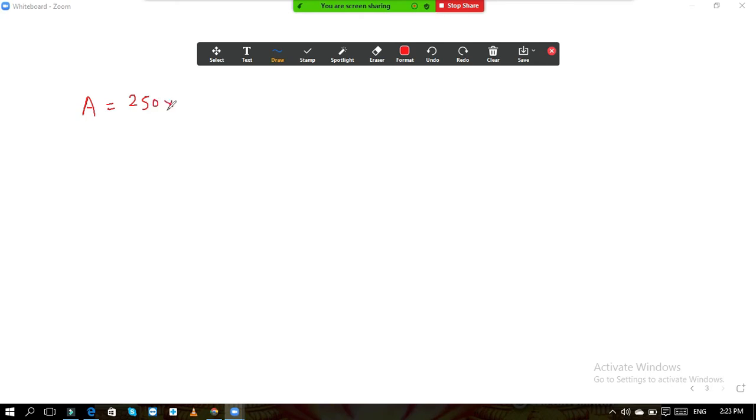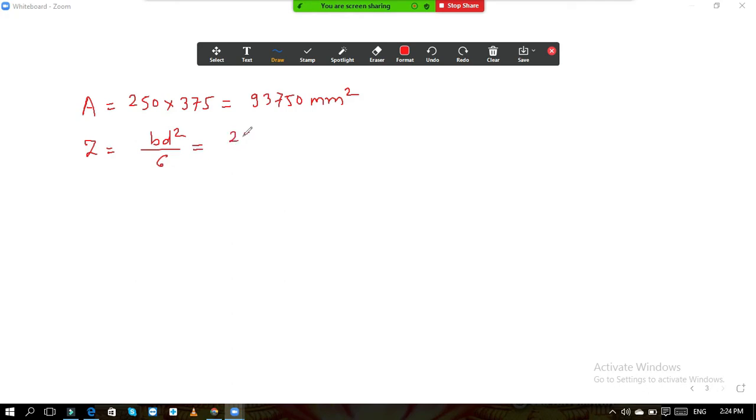So 250 into 375. Do the calculations, let me know the values. It is 93750 mm square. Please check the values. Then the value of Z, rectangular section is there, BD square by 6.